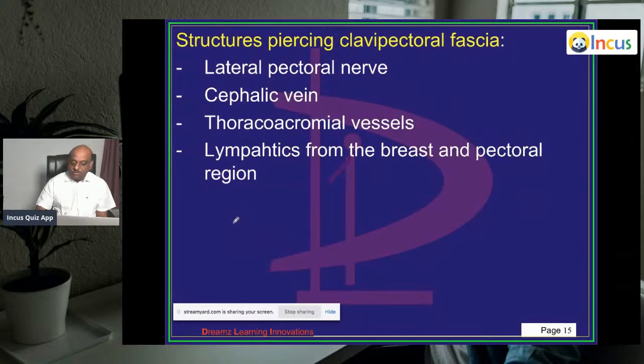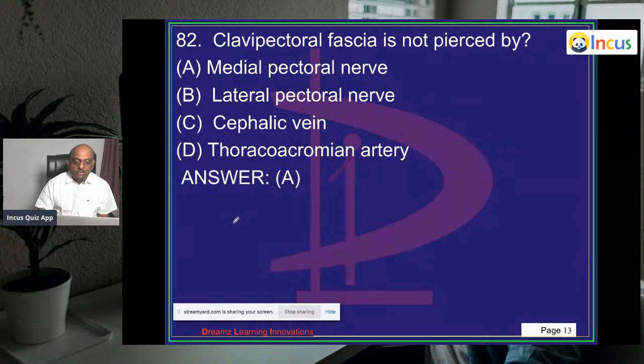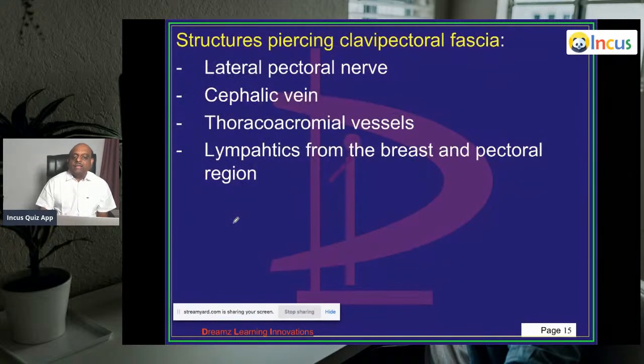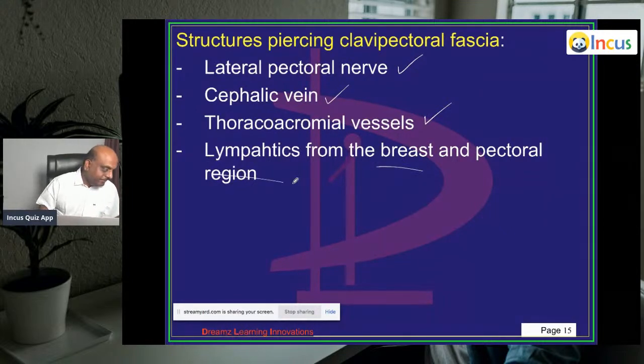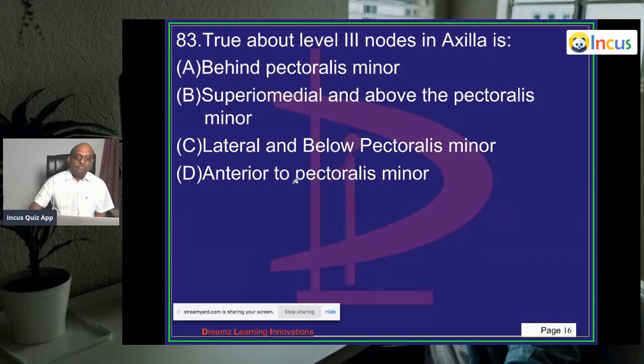So now comes a very important question. What are the structures that pierce the clavipectoral fascia? Lateral pectoral nerve, cephalic vein, thoracoacromial vessels, and all the lymphatics from the breast and pectoral area is what you need to remember.